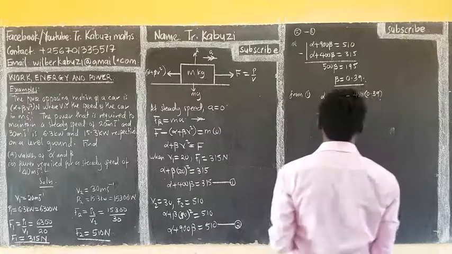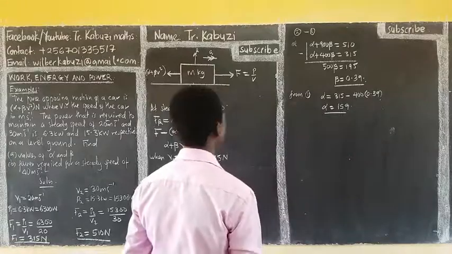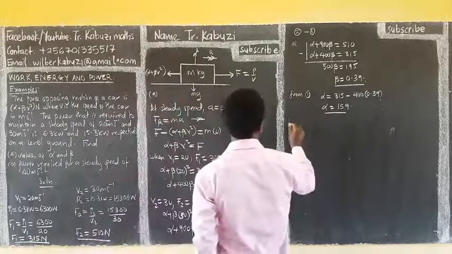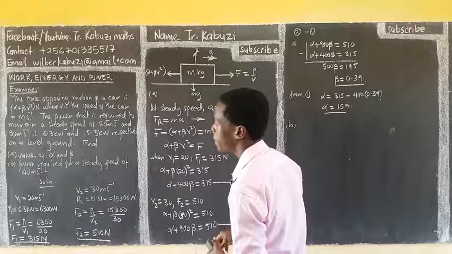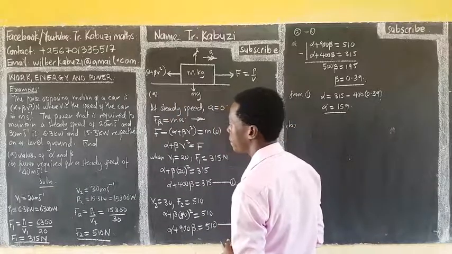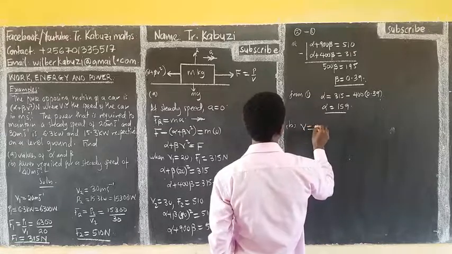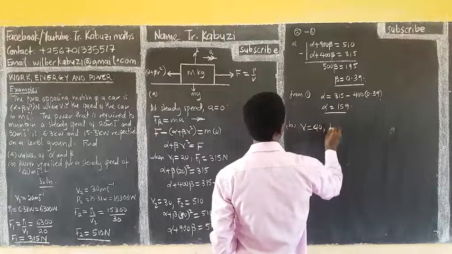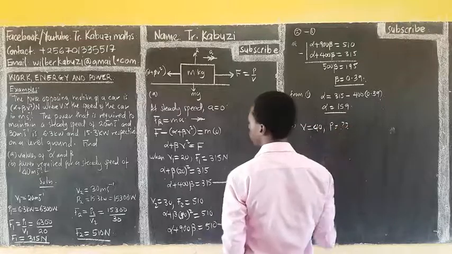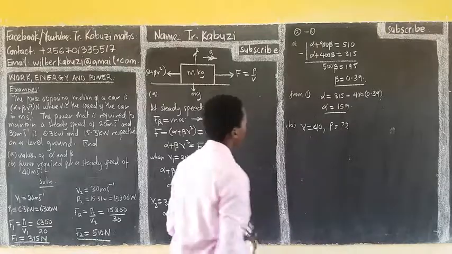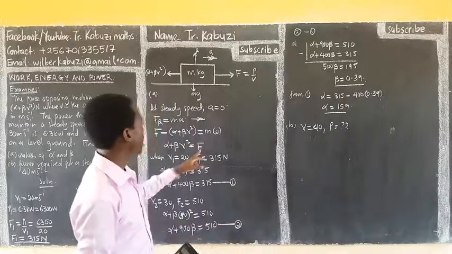After getting them, that was part A. Now part B: they are telling me to find the power required for a steady speed of 40. So when V is 40, they want the power. First I get the force.